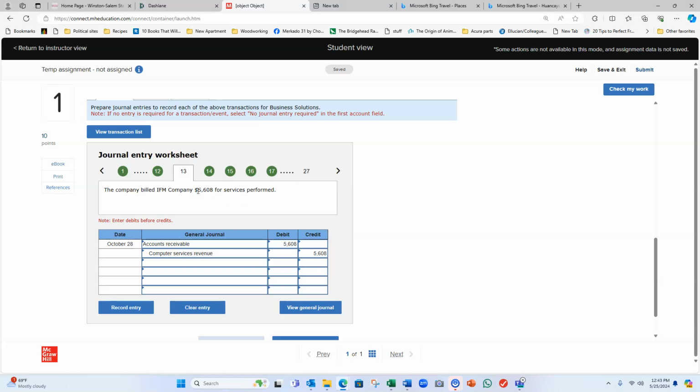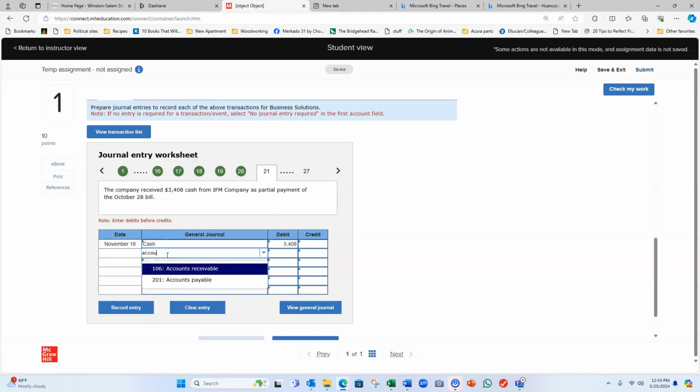We billed them $5,608, so accounts receivable.